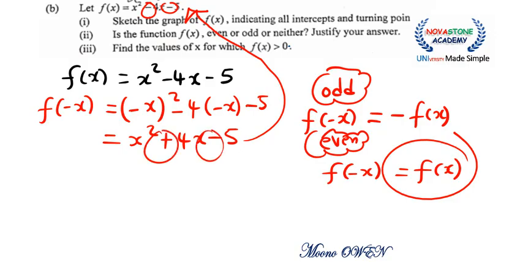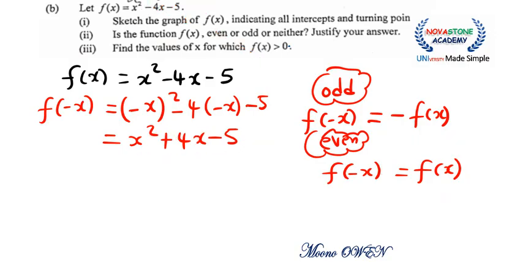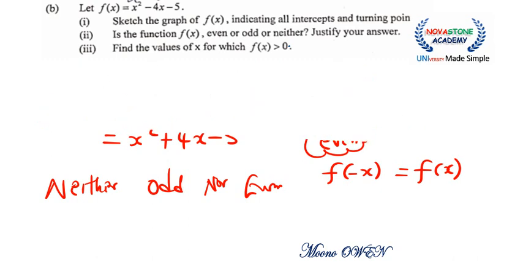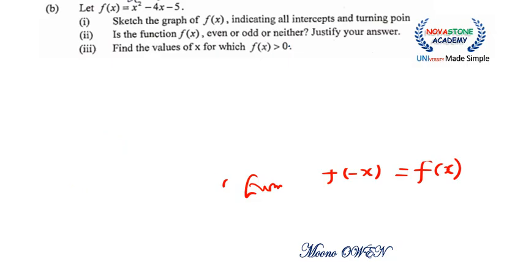It's also not equal to f of x, so it's also not even. So basically this function is neither odd nor even. So this is how you show that the function is odd, even, or neither.